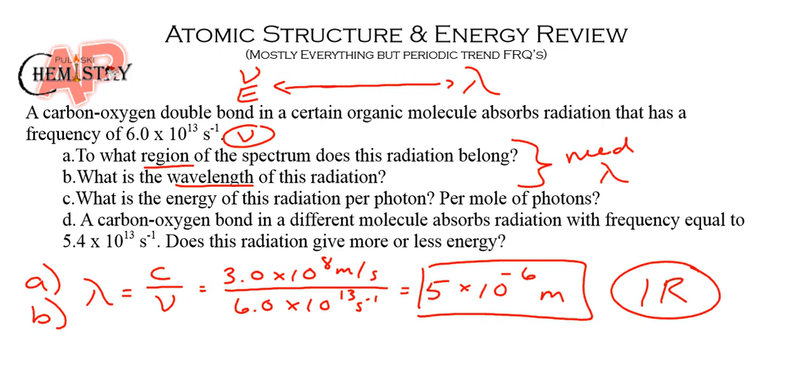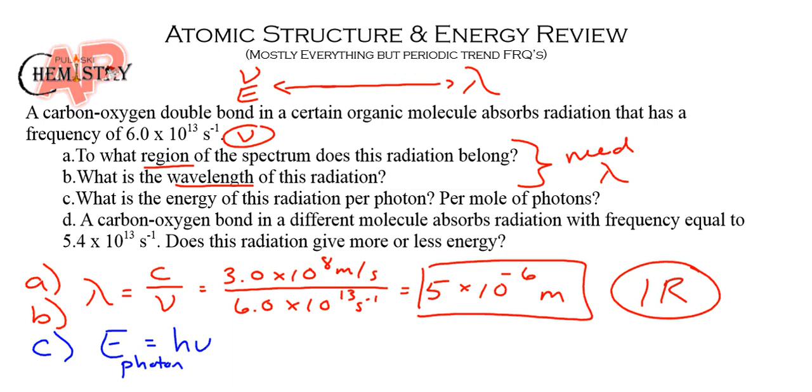Letter C. What is the energy of this radiation per photon? Per photon. If this is kind of confusing to you, recall and understand that this equation is actually the energy of 1 photon.